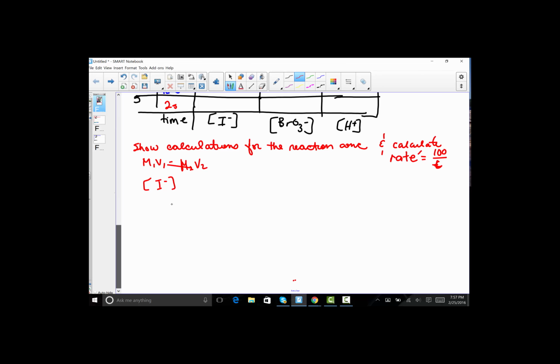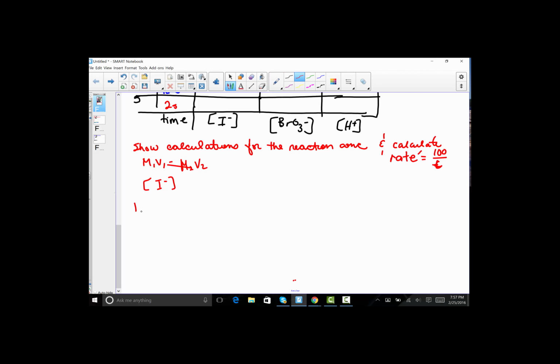When we went to the jar, the I negative was at a concentration of 0.01 molar. It was for trial 1, 3, and 4 that we measured out 10 milliliters of it. So my 10 milliliters was the volume I measured out.